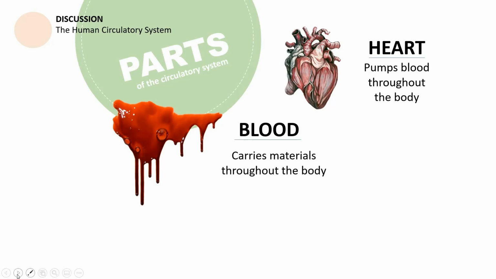And then the blood, it carries materials throughout the body. Meron tayong blood cells, remember them, the red blood cells, and then the white blood cells. Red blood cells are also known as erythrocytes, whereas white blood cells are usually called leukocytes.